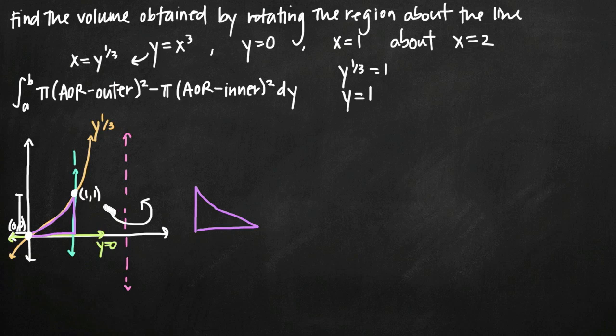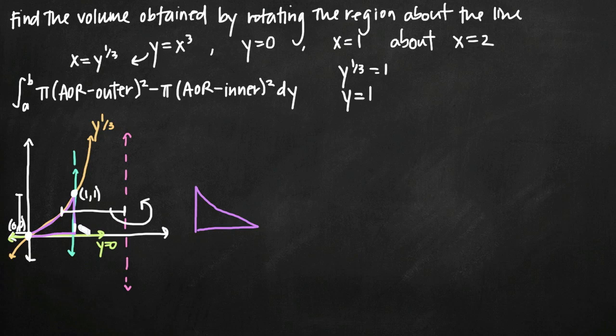The outer curve is the curve that's farther away from the axis of rotation. In this case, that's the curve y to the 1/3 because we basically have this distance here between the axis of rotation and the outer curve. Then we have the inner curve, which is the vertical line x equals 1.